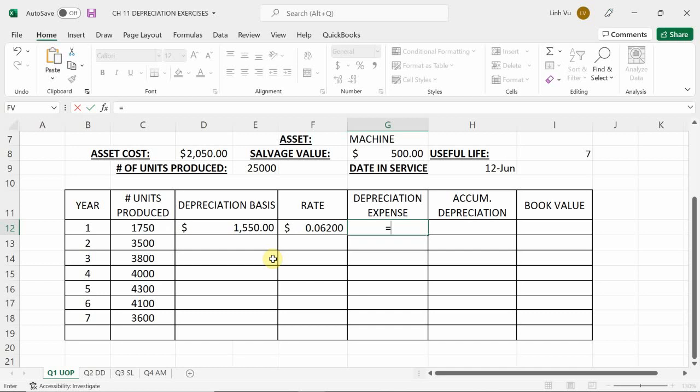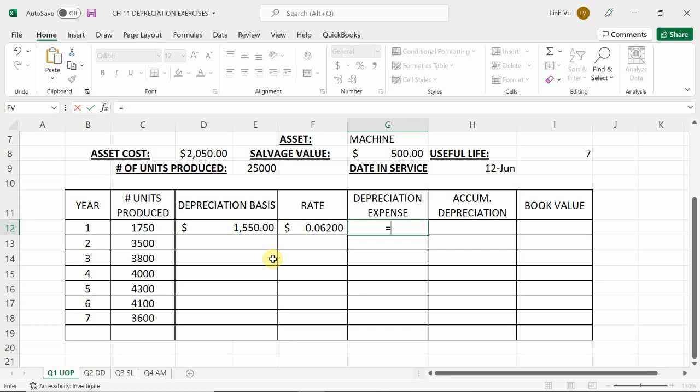We said 25,000 is how much you could produce overall. That's your capacity. That is the rate. That's how much it's going to cost me for every unit I make.